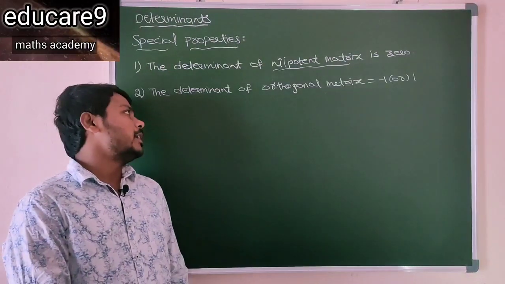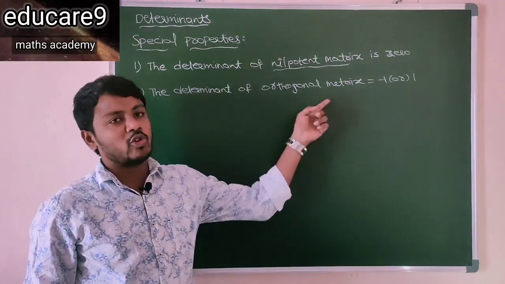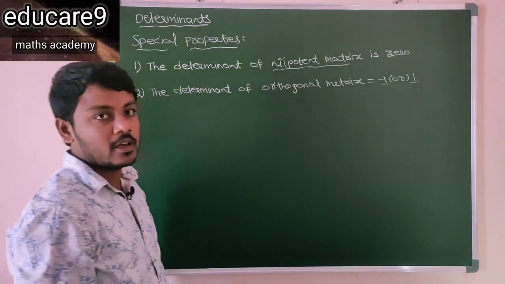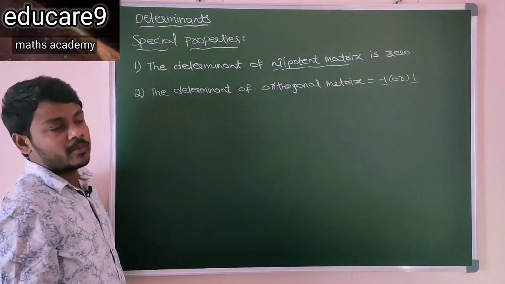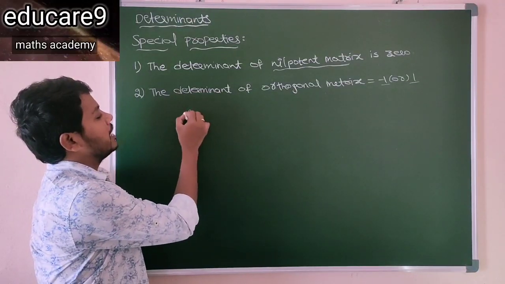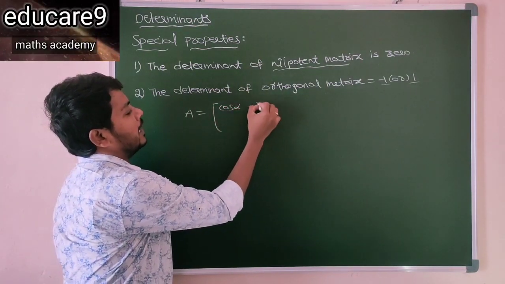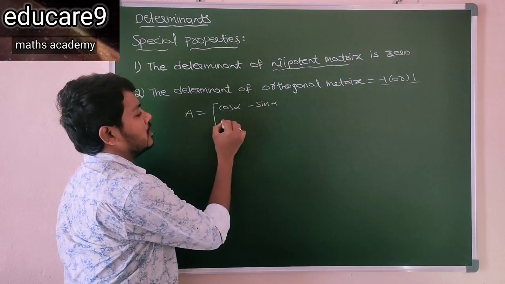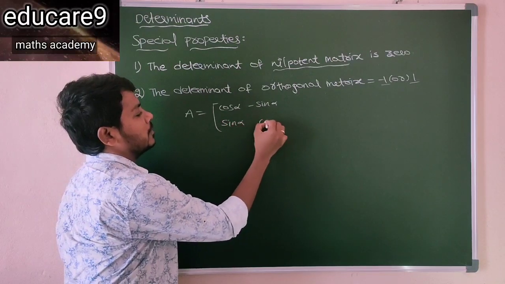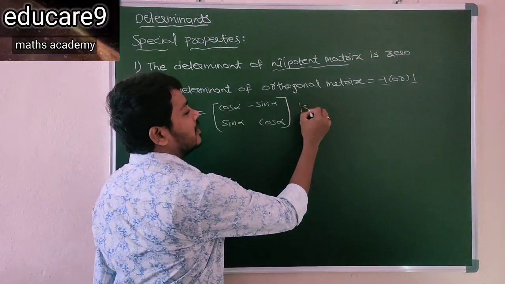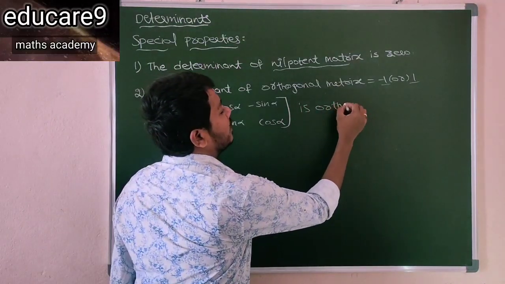Next, second property: the determinant of an orthogonal matrix is either minus 1 or 1. For example, consider the orthogonal matrix A is equal to [cos alpha, minus sin alpha; sin alpha, cos alpha]. So clearly this is an orthogonal matrix.